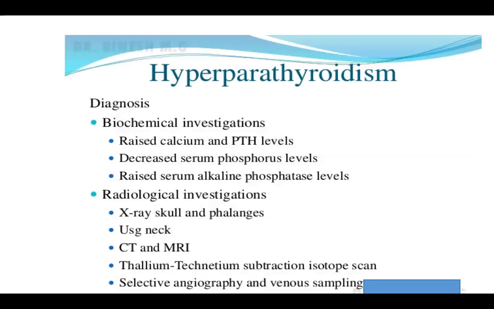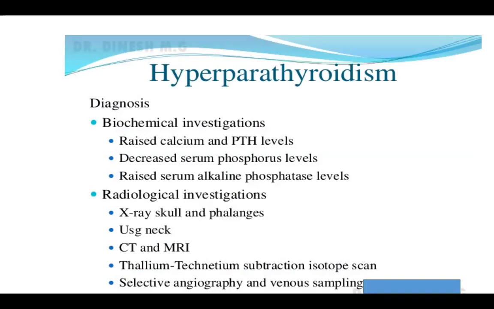The other investigations, you can find a raised alkaline phosphatase level. It's important that you also get the vitamin D levels. It's important to check the bone density by DEXA scan.